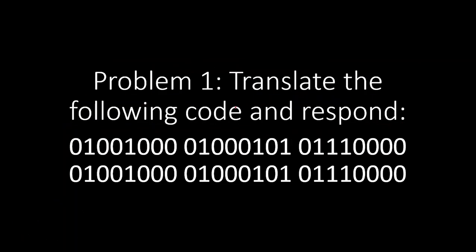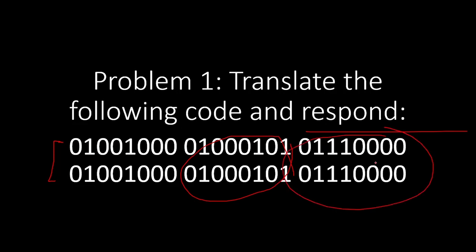So problem one: translate the following code and respond. We have 6 codes, but as you can notice, these two are the same, the middle ones are the same, and the last ones are the same, so they're just repeated. The way you read this is from this one, this one, this one, and then this one, this one, this one.